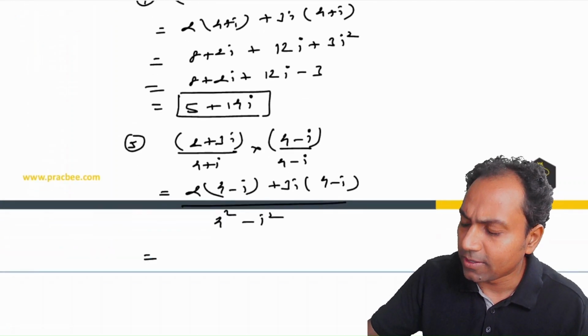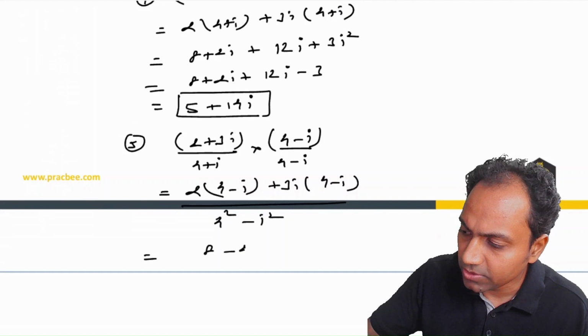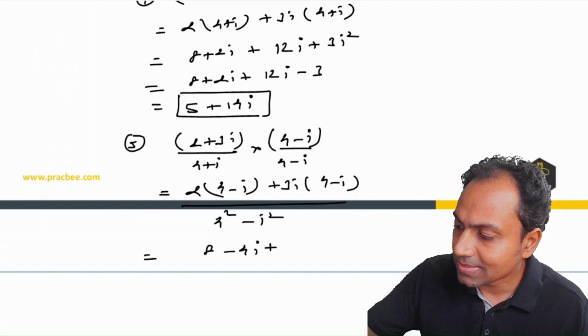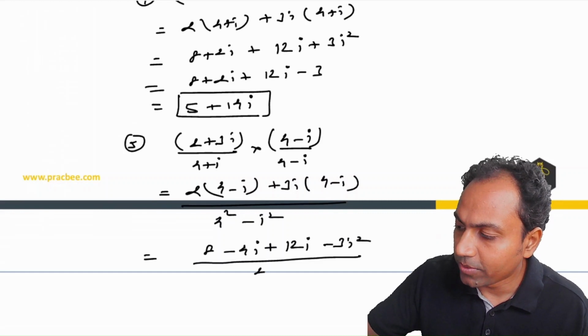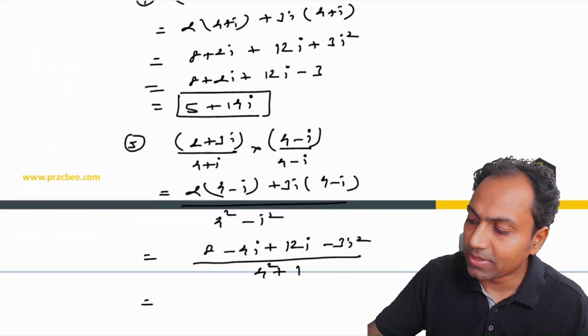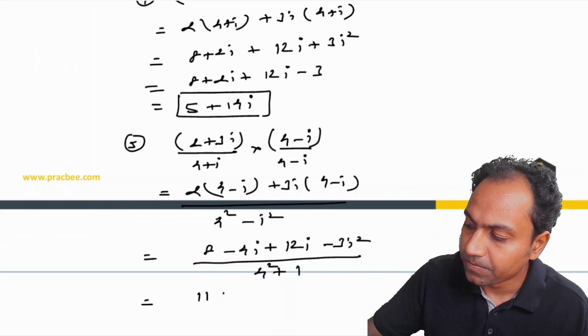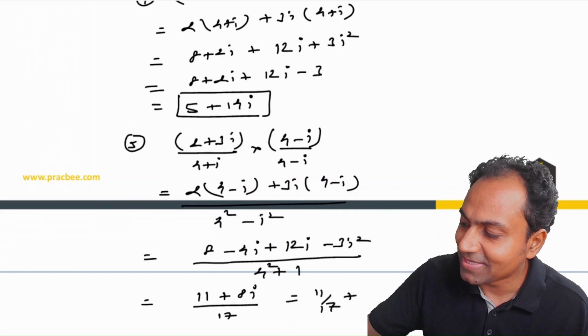And since we know that i^2 is equal to -1, if you simplify it is 8 - 2i + 12i - 3i^2, and the denominator becomes 4^2 + 1. So the numerator, if we add everything up, becomes nothing but 11 + 10i, and the denominator becomes nothing but 17. So your answer becomes 11/17 + (10/17)i.